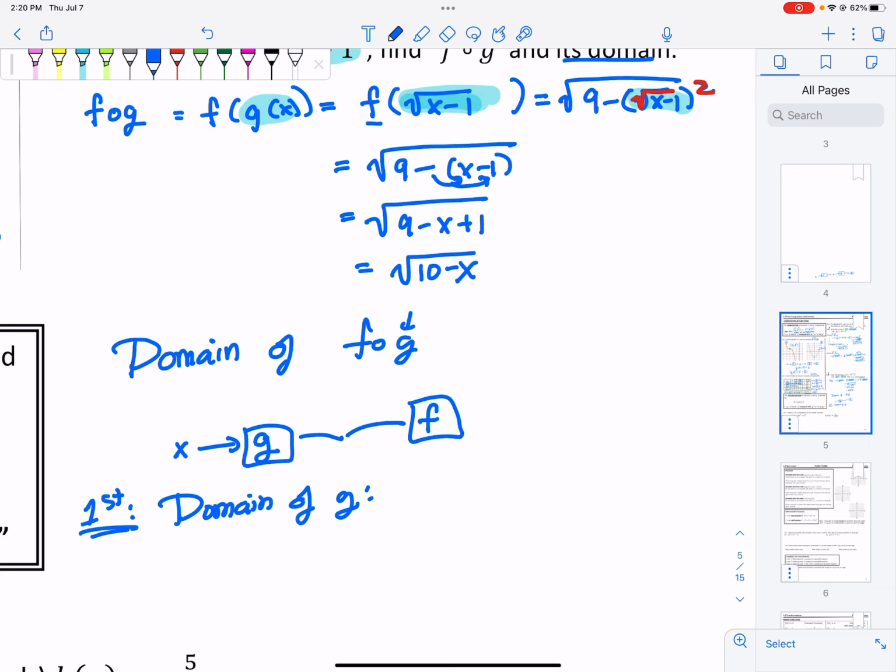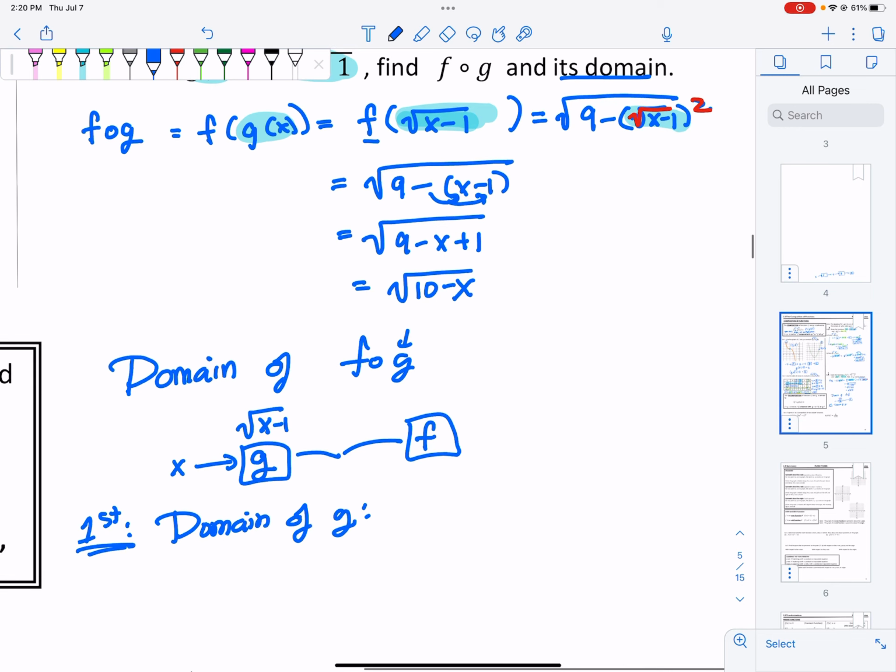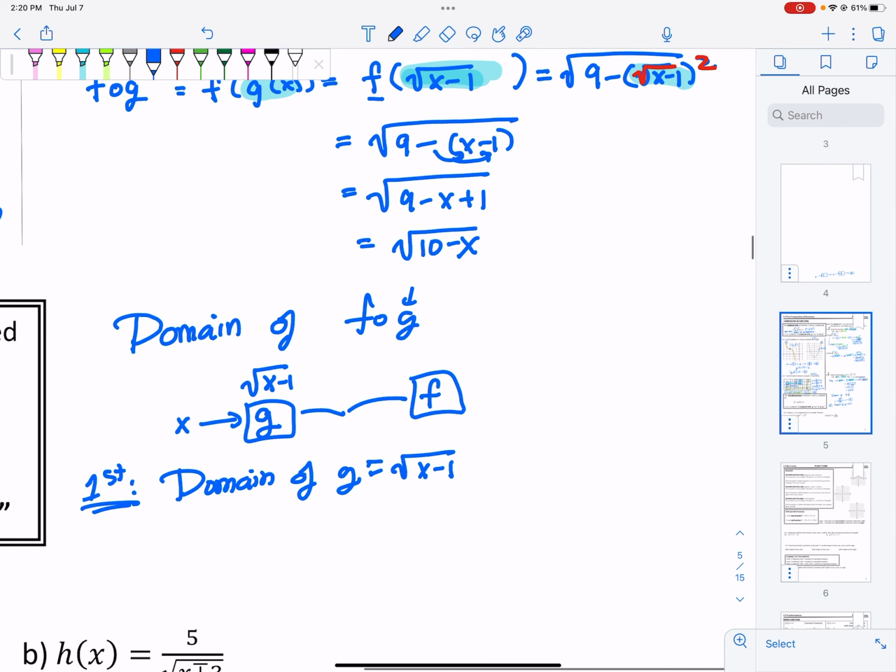g is the square root of x minus 1. So we want to make sure that whatever we input has an output. So remember that inside the square root, under square root, or even roots, needs to be greater than or equal to 0.